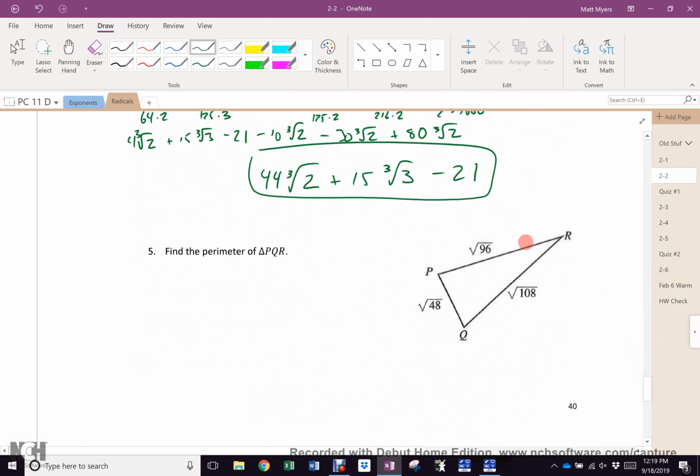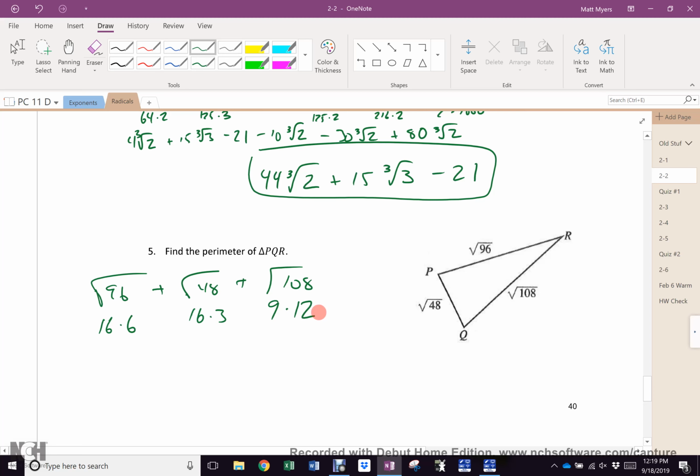And lastly, find the perimeter. So that is root 96 plus root 48 plus root 108, which is 16 times 6, 16 times 3, and 54. No, that's not right. 9 times 12.